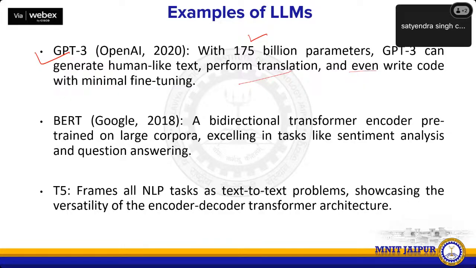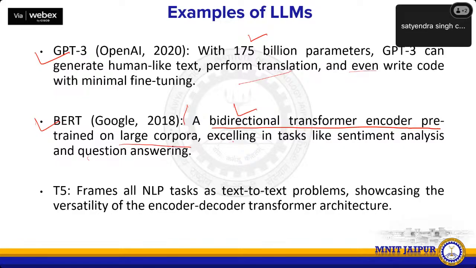with minimal fine-tuning. And you have BERT, which was proposed in 2018, which uses a bidirectional transformer encoder, pre-trained. So there is no decoder, only the encoder is used.